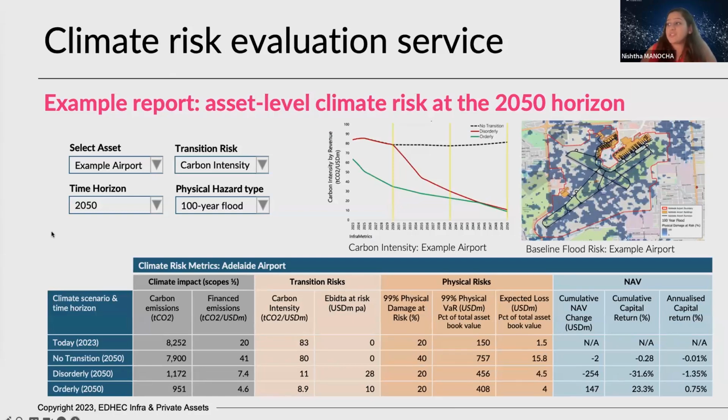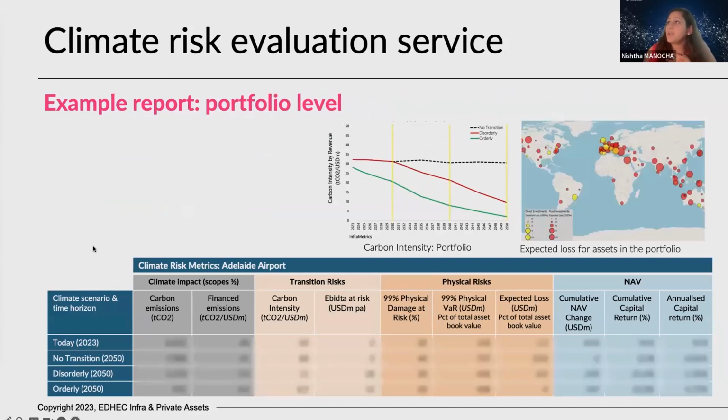What the transition risks are, what the physical risks are, and what your NAV is. As I mentioned, we can do this across climate scenarios and across time horizons. A similar exercise can also be conducted at the portfolio level. We can take your portfolio across the world and tell you your climate impact, transition risk, physical risk, and NAV.